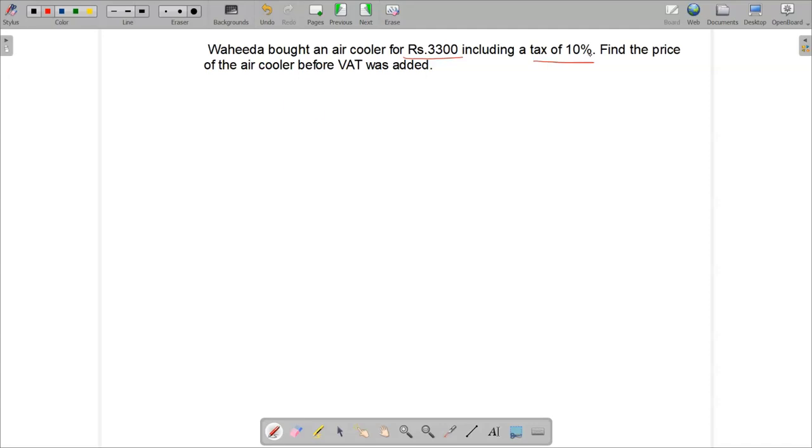So generally the bill amount is given by cost of the item plus tax. Here, the cost of the item is not given, so that is what we are going to find out.